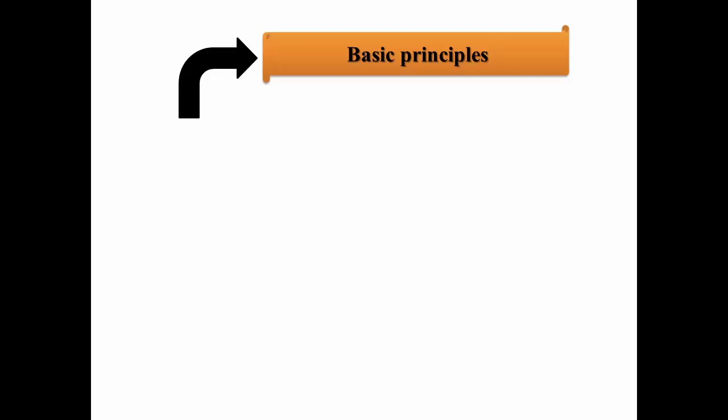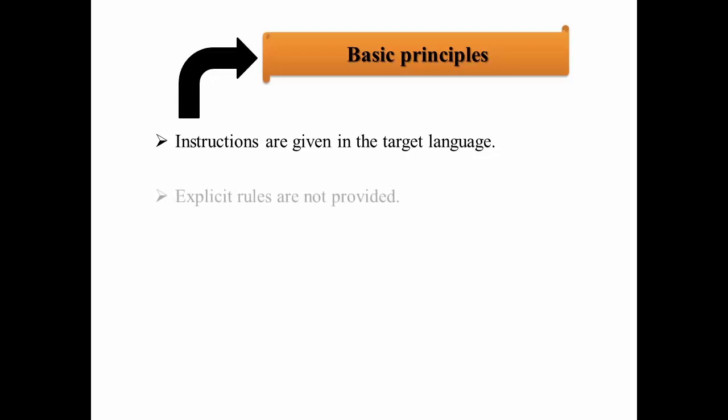As far as the basic principles are concerned, instructions are given in the target language. The teacher should make the L2 the most dominant language in the class. Explicit rules are not provided, which means that rules are given implicitly so that students will have to discover the rules of language.